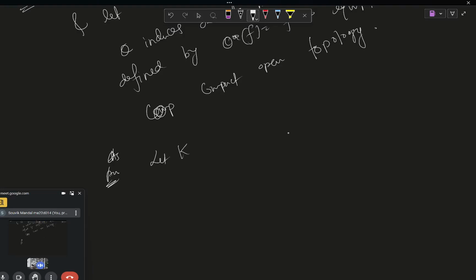Take K subset of Z compact and W subset of Y open.